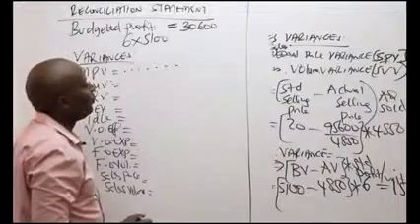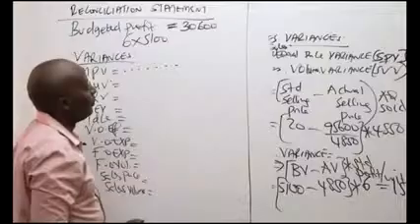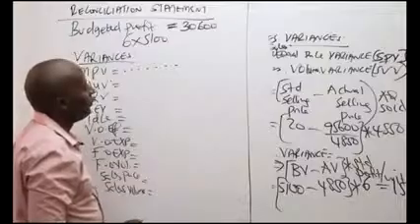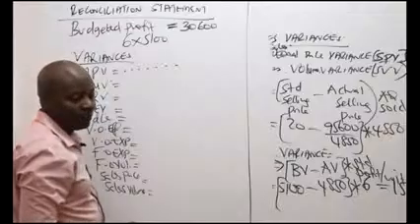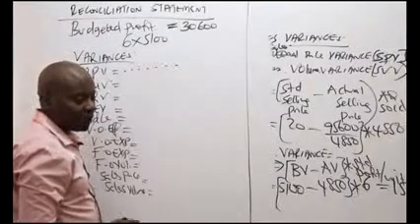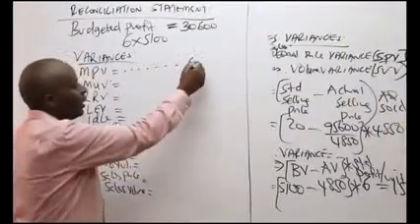MPV equals... Just give us the figures very fast. We finish in 2 minutes. 600A. 600A.